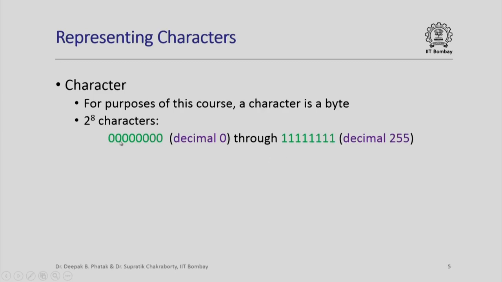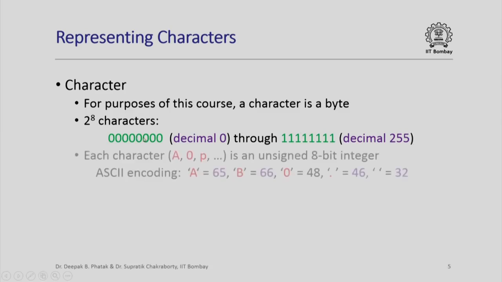And we have already seen how to read a binary sequence of zeros and ones as a decimal integer. So the all zeros is the decimal 0 and the all ones is the decimal 255, where there are exactly 8 bits in each one of them.